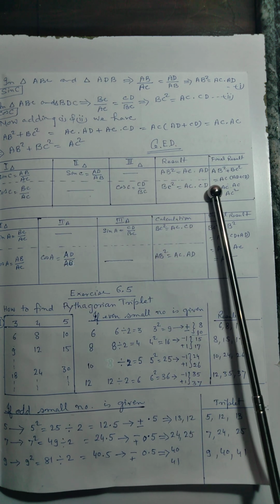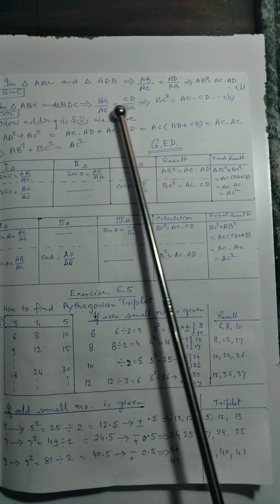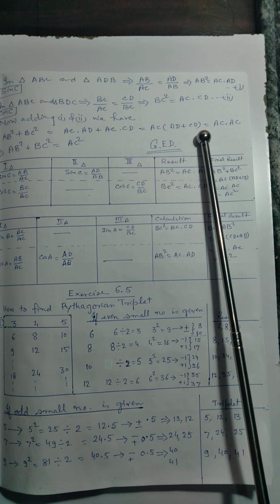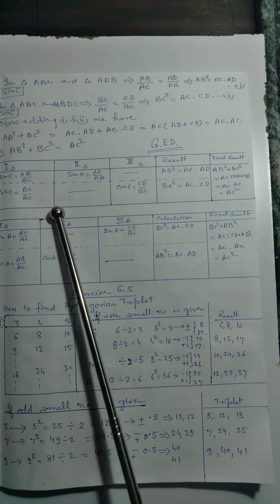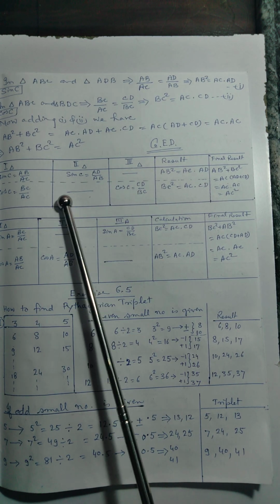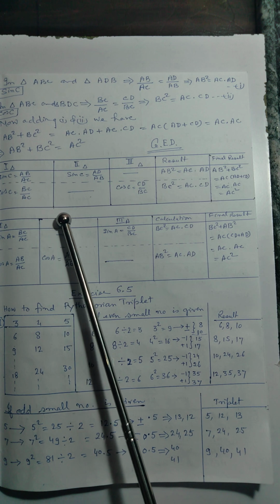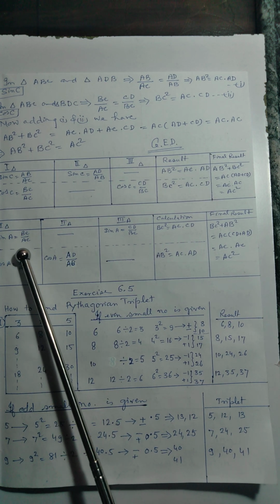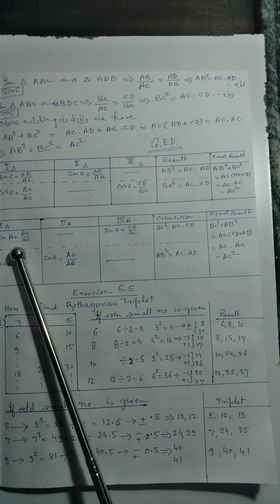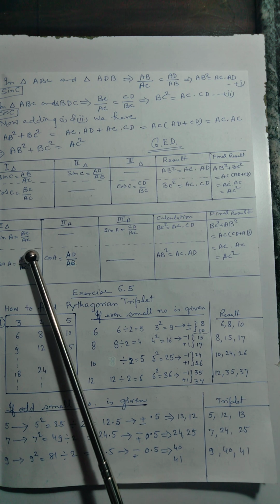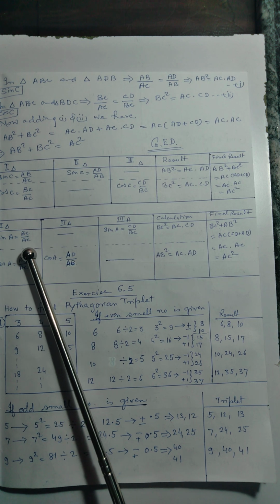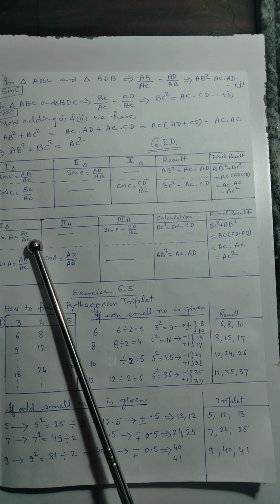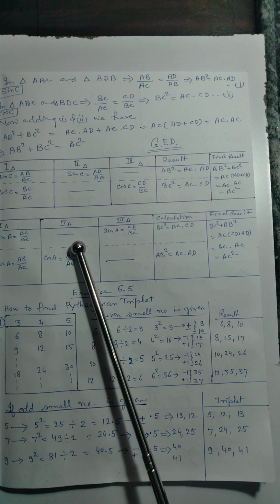Either you can remember this also, I have stated it in the geometrical form also. With the help of trigonometry, you can just remember which side you should take. Now in the first triangle, if you take sine of A, it will be BC upon AC.